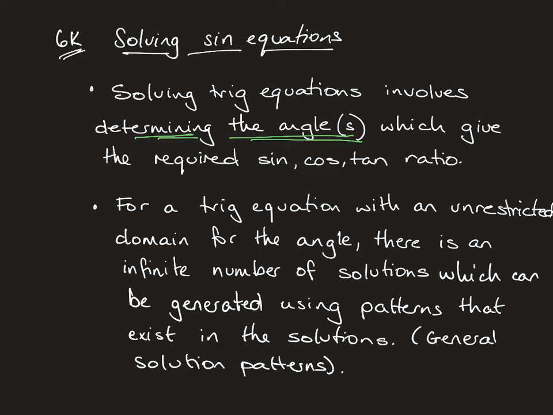For a trig equation that has an unrestricted domain for that angle, you get an infinite number of solutions for angles that fit that sine value, and those solutions can be generated using patterns that exist in the solutions called general patterns. Let's have a look at generating a general solution for sine.